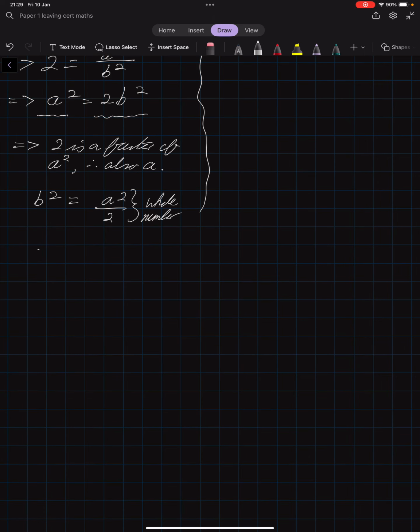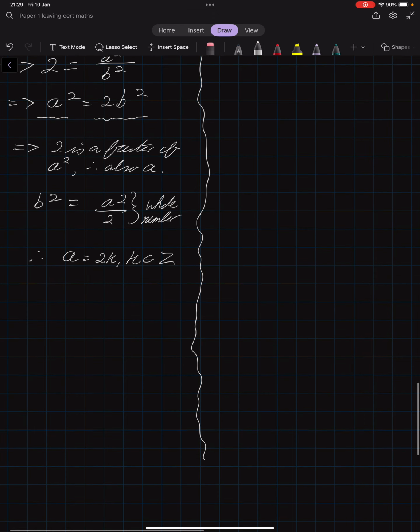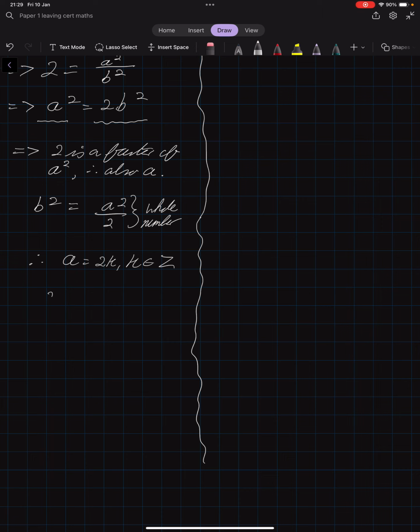So therefore, we can write that a is going to be equal to 2k, where k is an element of z. Alright? So once we've established this, we can plug it back into the formula and get 2k squared is going to be 2b squared.